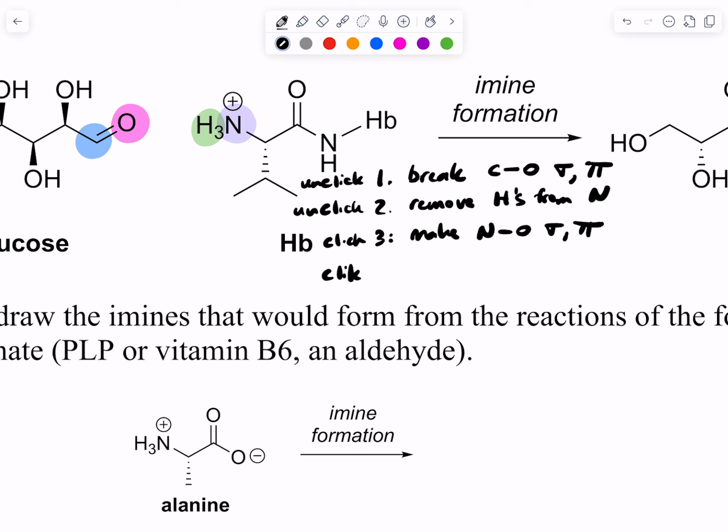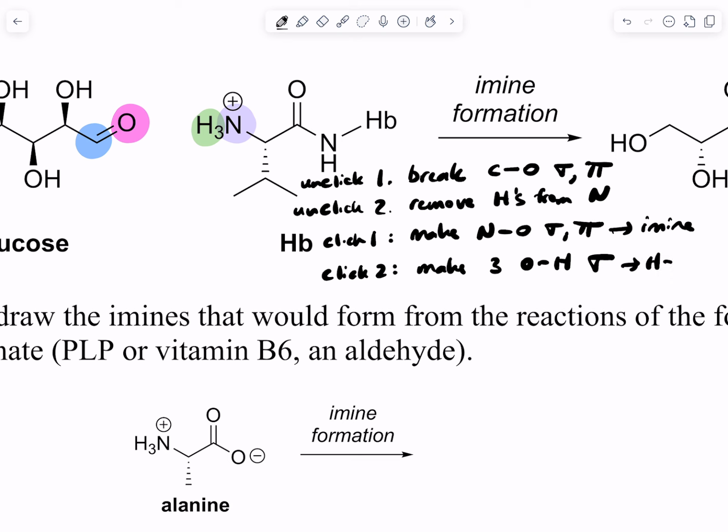And then, okay, whatever. Lastly, you're going to make the three oxygen-hydrogen sigma bonds. This will give you the imine, this will give you H3O+.